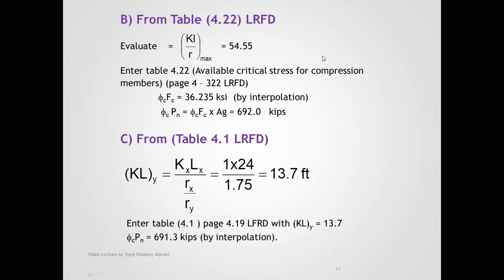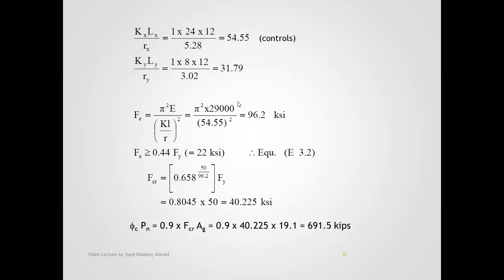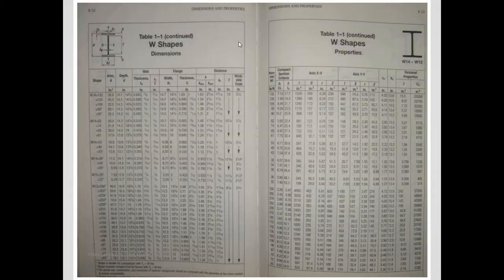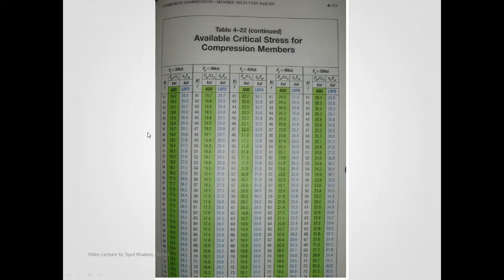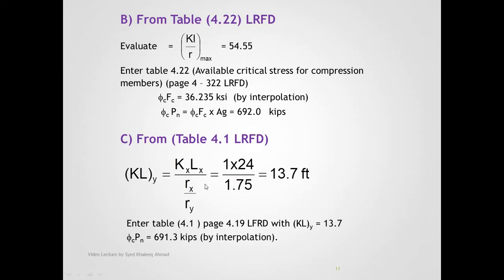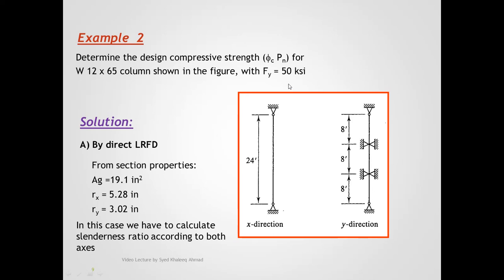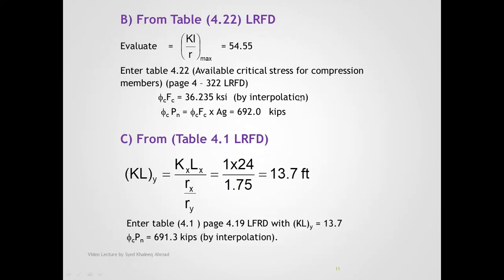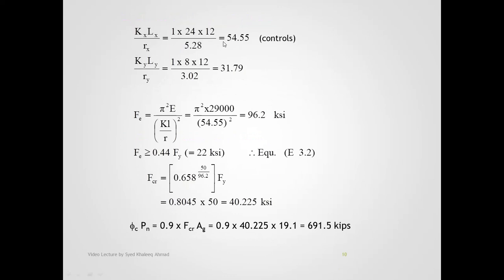Here also you have to do interpolation for this 54.55, because this is the maximum value for slenderness ratio. So for 54.55 we will check from the table here and do interpolation. Fy in this case is given as 50 ksi, so for this 50 ksi and KL by R 54.55.